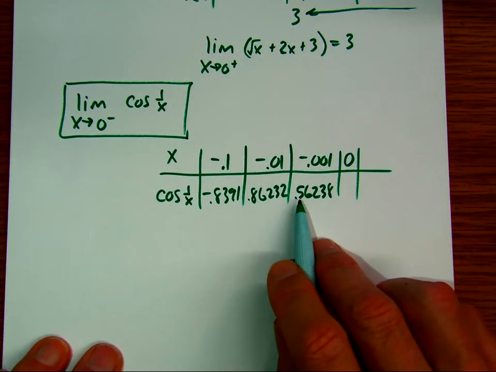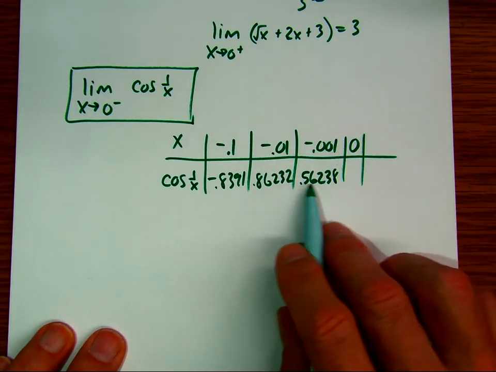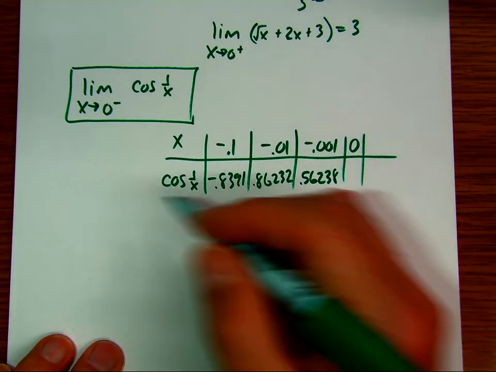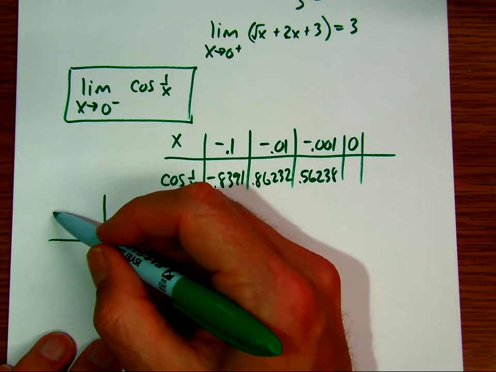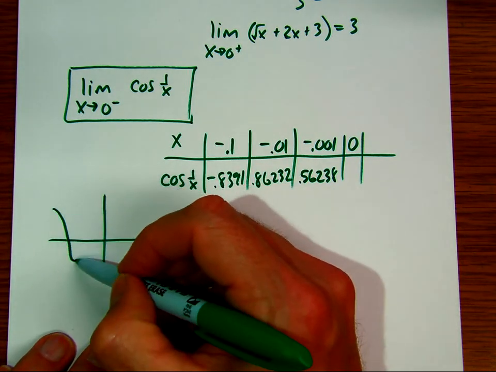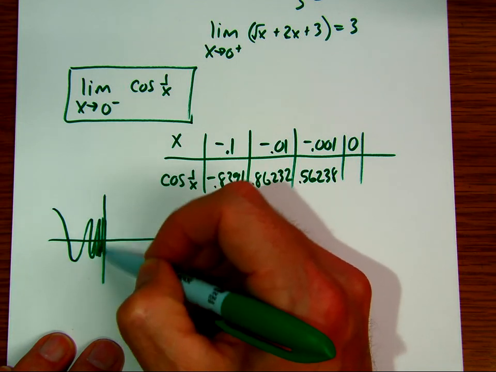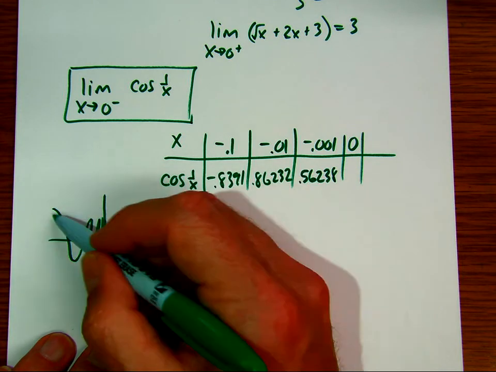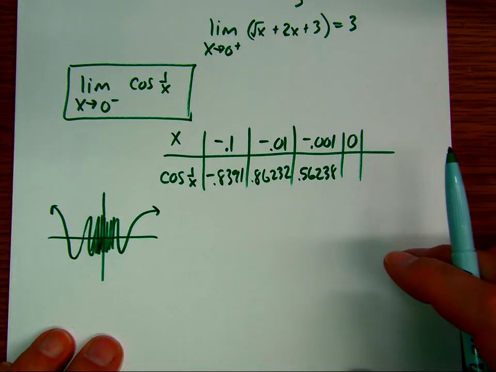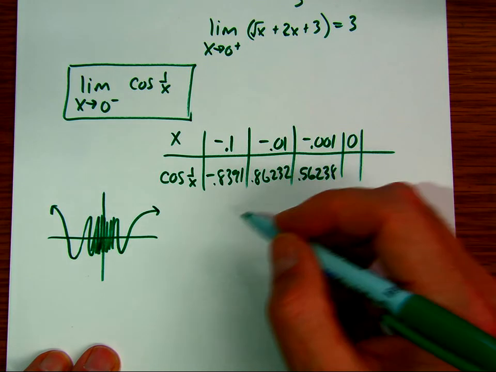So this turns out, if we checked more x values, we'd see that it just continues to jump around, and the graph is one that oscillates. And so you'd see, if you graphed it, it just keeps doing this and then does that. And that's the limit does not exist due to oscillation.